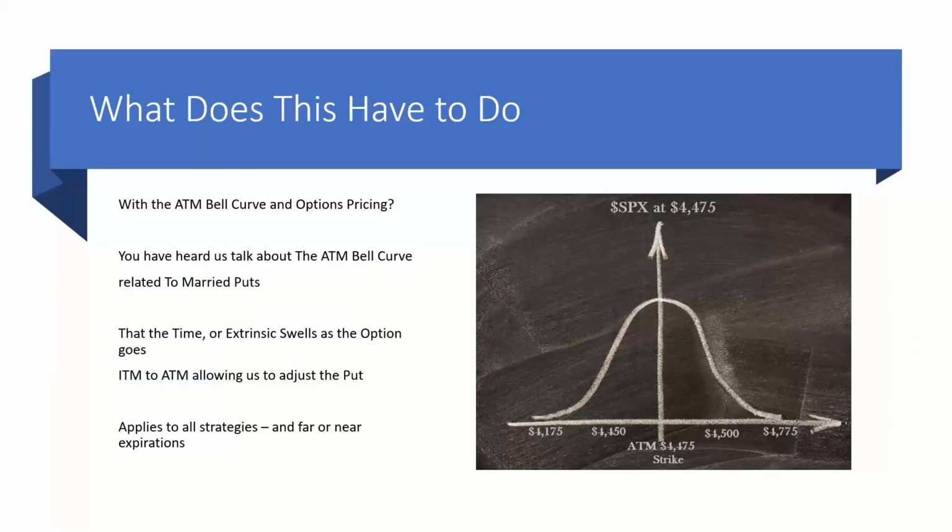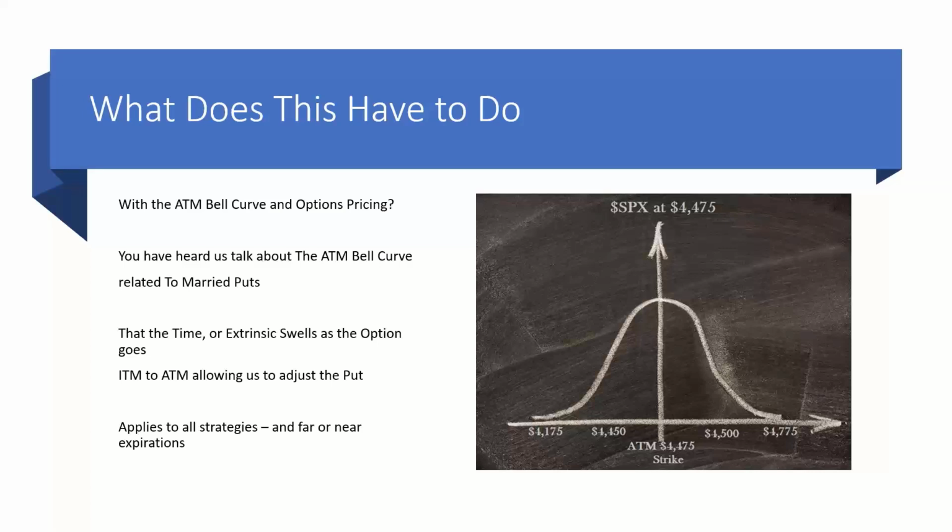What does all this have to do with what we talked about, the ATM bell curve and options pricing? That time or extrinsic value swells as the stock moves back toward the option strike price. It's increasing and decreasing.